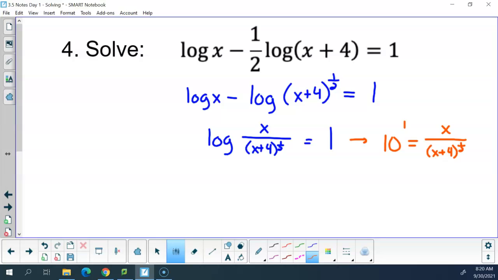This is the square root of x plus 4. How am I going to solve that? Square root of x plus 4? Yep. So then I get 10 here times the square root of x plus 4, and that equals x.